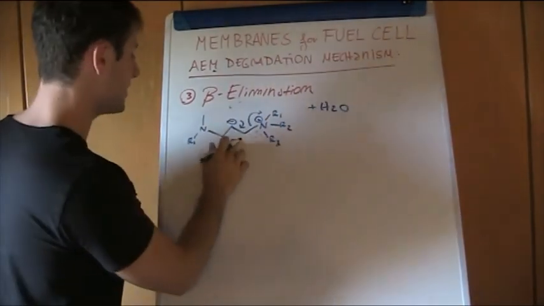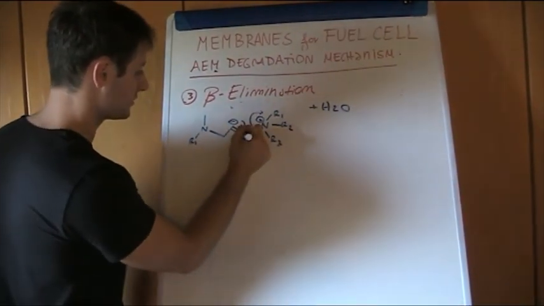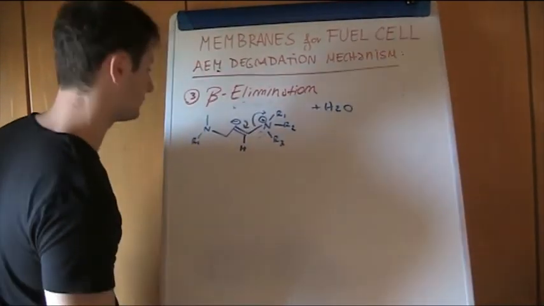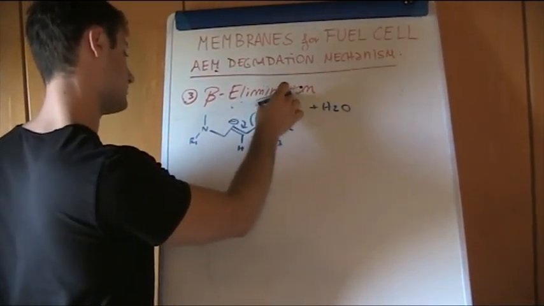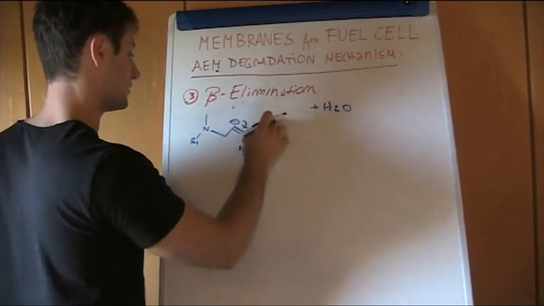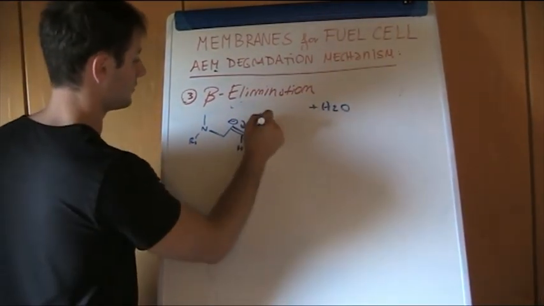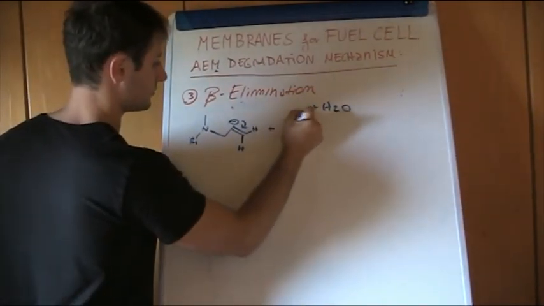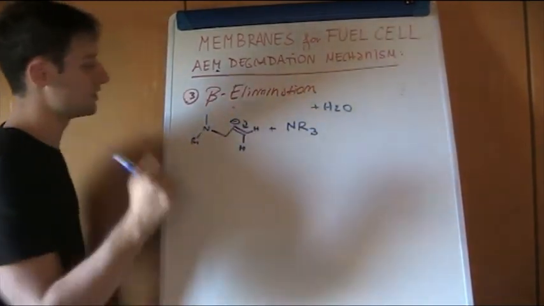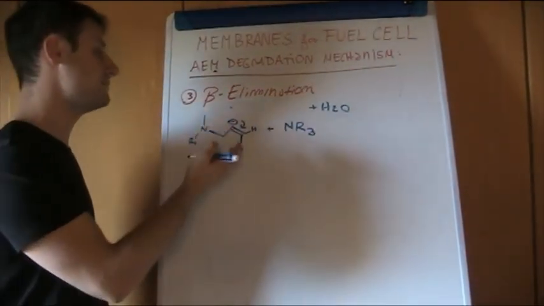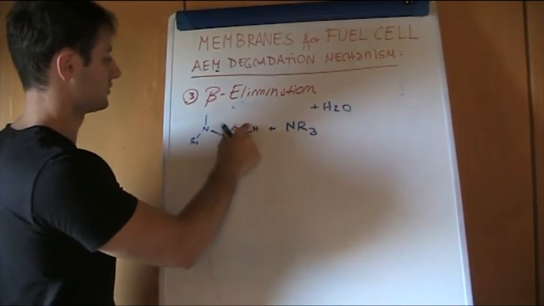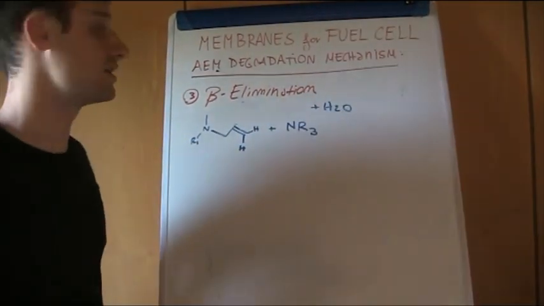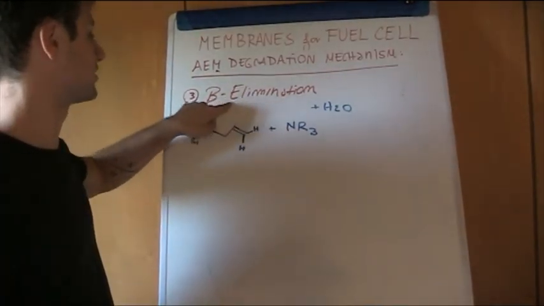And so what remains here is this and this species. So we have eliminated, obviously this is not present anymore, we have eliminated again our cationic character, in this case with the Hofmann degradation and beta elimination.